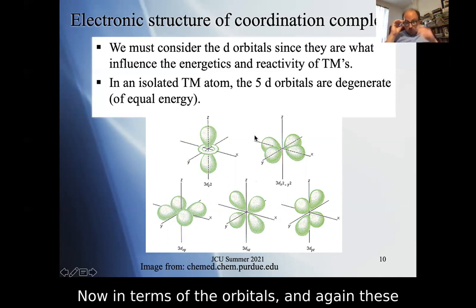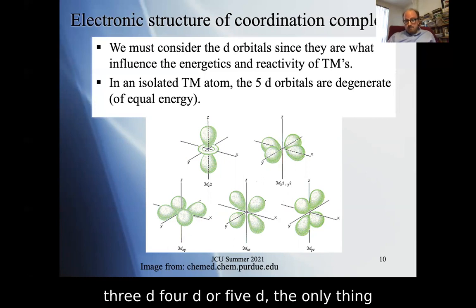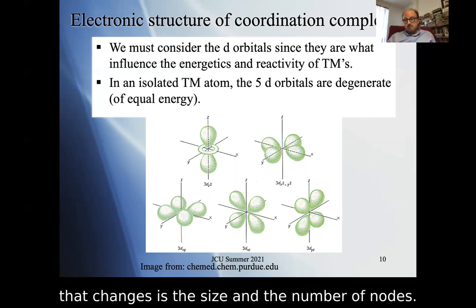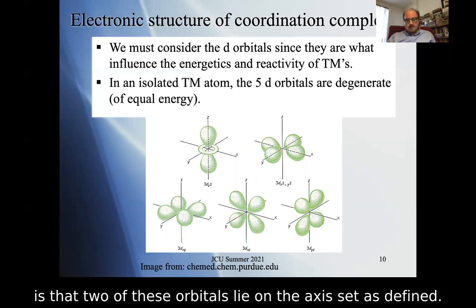In terms of the orbitals, these are all going to have the same shape, whether it's 3d, 4d, or 5d. The only thing that changes is the size and the number of nodes. But the one key distinction that's going to be important is that two of these orbitals lie on the axes.